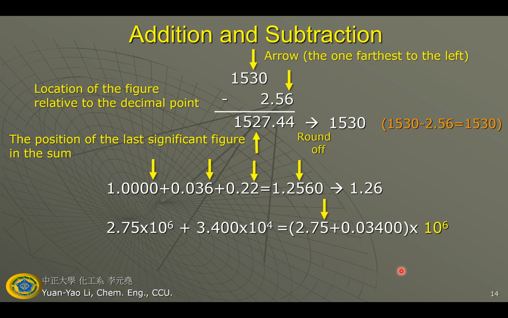So you have an uncertain digit here and here, because you have a decimal point, 1, 2, 3, 4, 5. Okay, so in the end, you choose the uncertain digit which is closer to the left-hand side. So the answer you will get is 2.784000. And if you count on this, then that will be 2.78 times 10 to the 6.